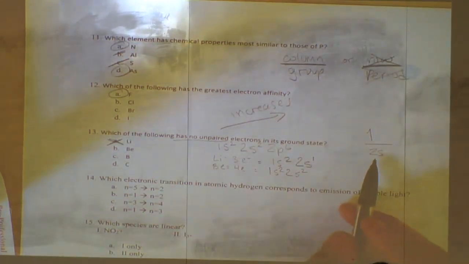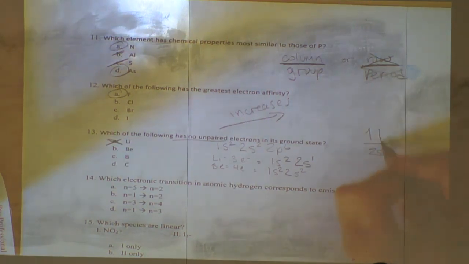How many electrons does beryllium have in the 2s? That's 1 and 2. Is that paired or unpaired? That's paired, so does beryllium have any unpaired ones? No. In this case, beryllium would be our answer because it has no unpaired electrons.